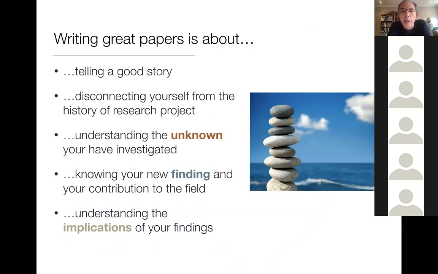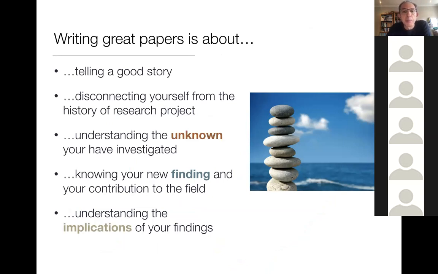So it's really about telling a good story. What does it mean? It means also that it is about disconnecting yourself from the history of the research project. And this is something we'll talk about, and I think something that's very, very important. But then again, you see these three words that are highlighted: unknown, finding, and implications.